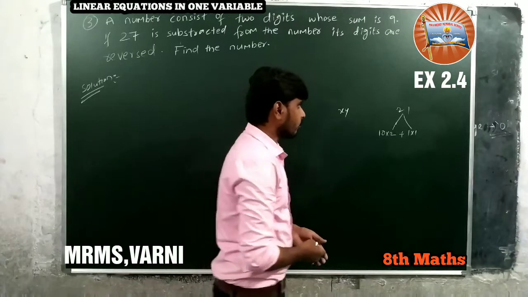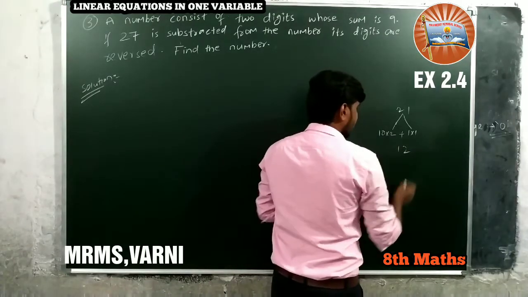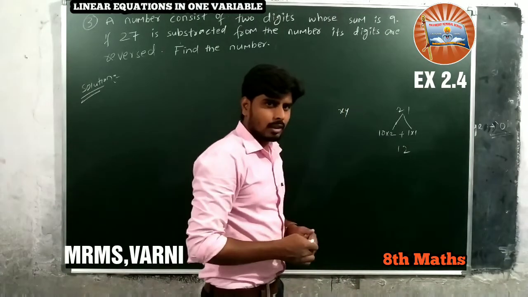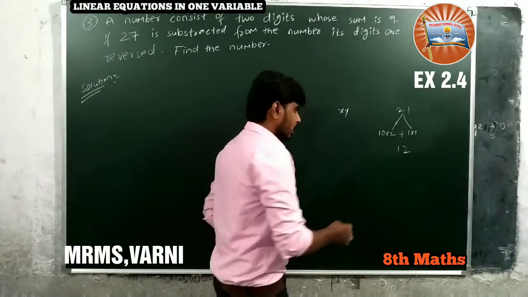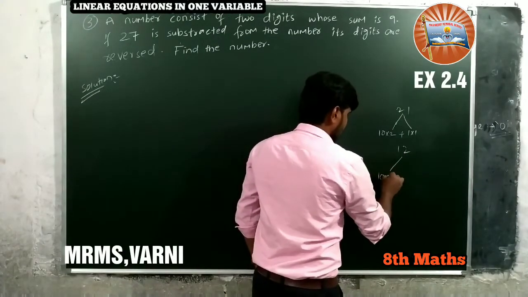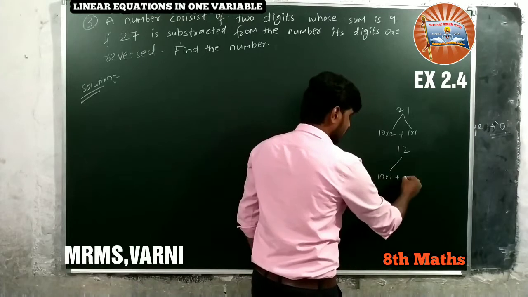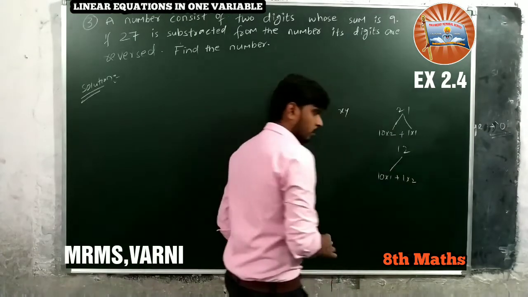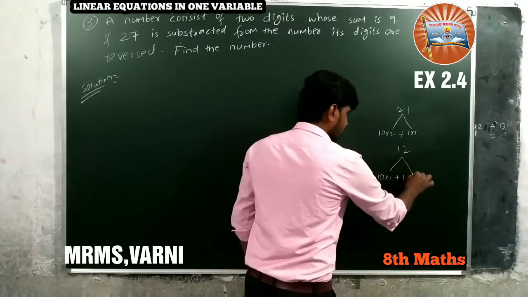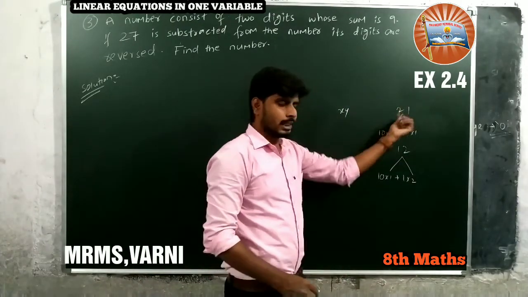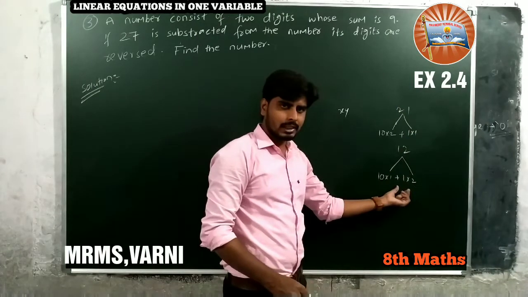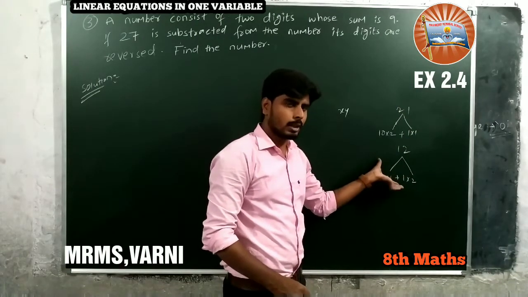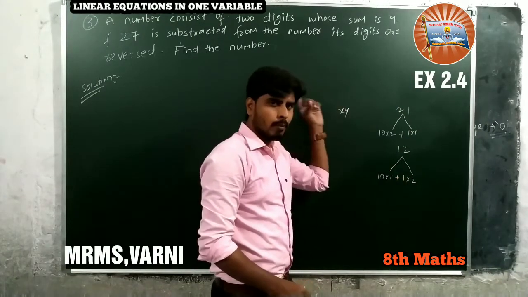Suppose if I write the reverse, what becomes? It becomes 10 into 1 plus 1 into 2, isn't it? So if I reverse this number, it becomes like this. Remember this concept, I will use it in the problem.